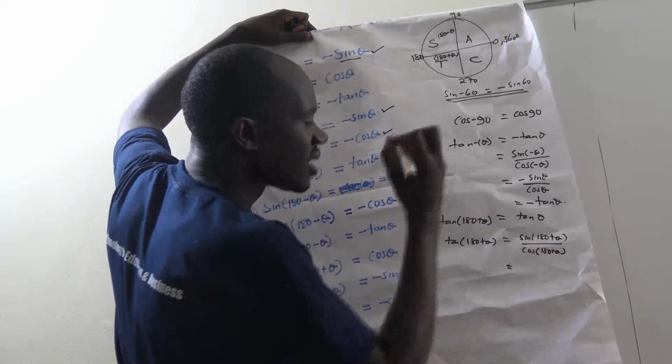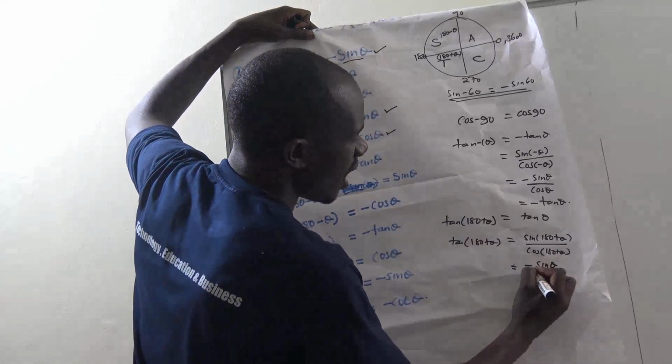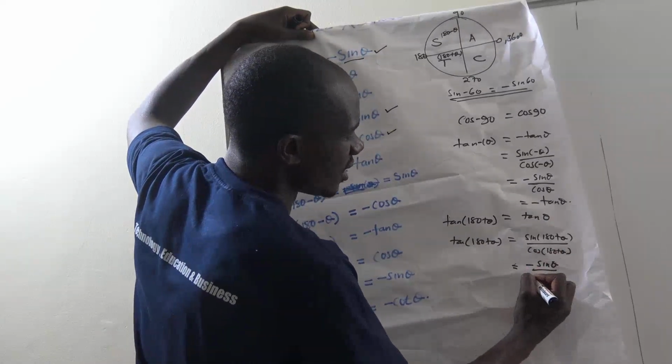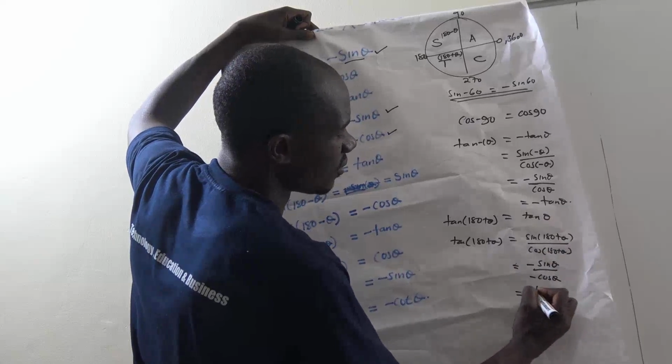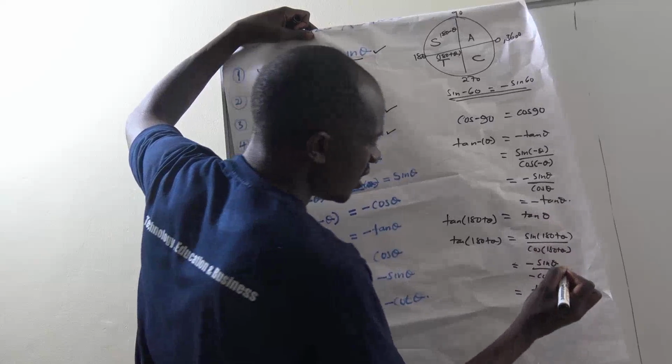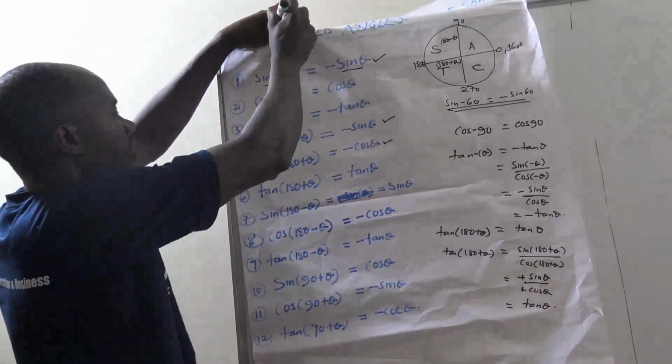But sine of 180 plus theta is negative sine theta, and cos of 180 plus theta is negative cos theta. A negative divided by a negative gives a positive, which becomes tan theta. This one and this one will cancel. That's where it has come from.